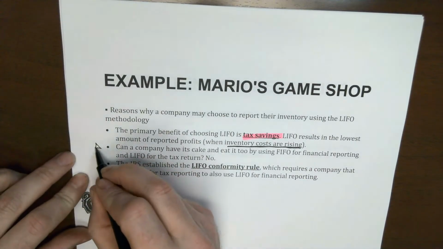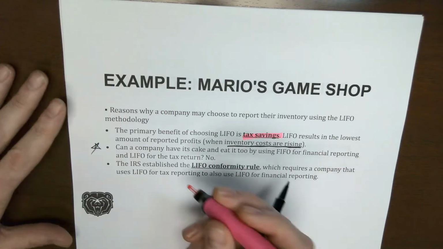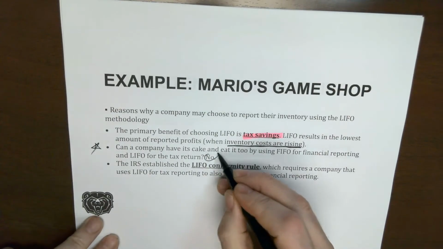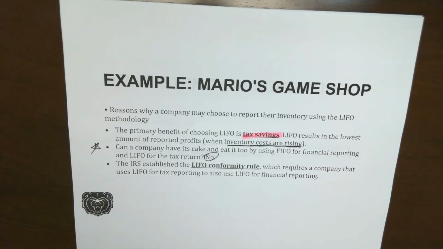And I do like this little point right here. Can a company have its cake and eat it too by using FIFO for financial reporting and LIFO on the tax return? Nope. It's an established rule in the IRC, the Internal Revenue Code, that the IRS, the Internal Revenue Service, establishes the LIFO conformity rule, right?